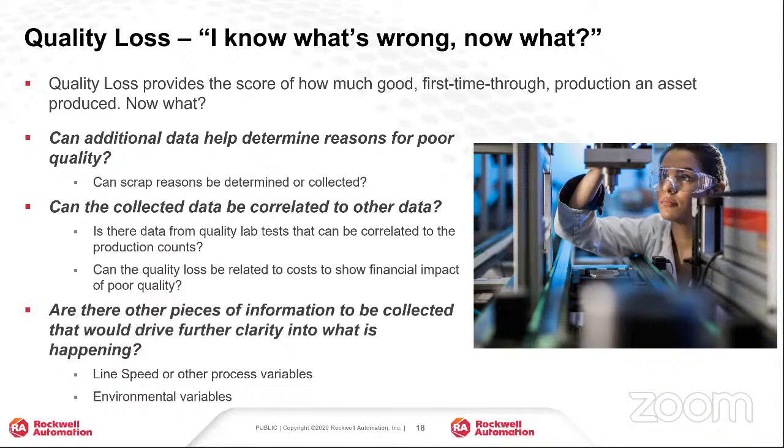Can data from the quality lab test be correlated to the production count? Is there deficiency in the raw materials? All that can be collected. If it's a process application, then the functionality, the parameters, and the loop tuning may also need to be corrected or looked at.